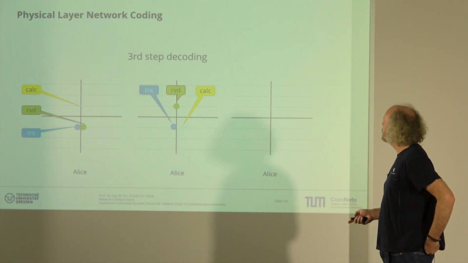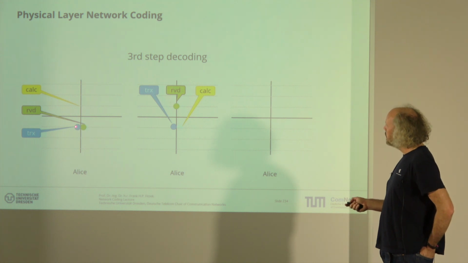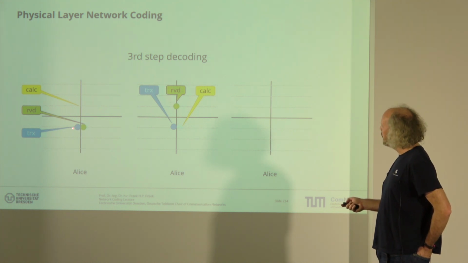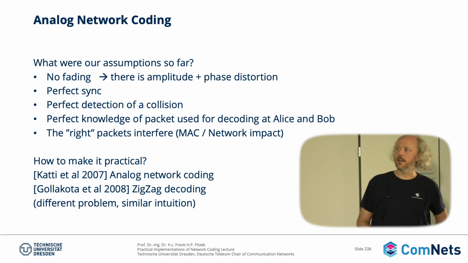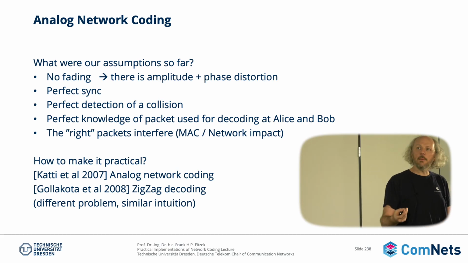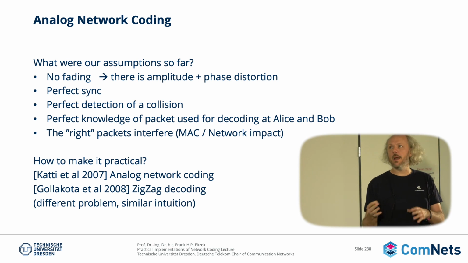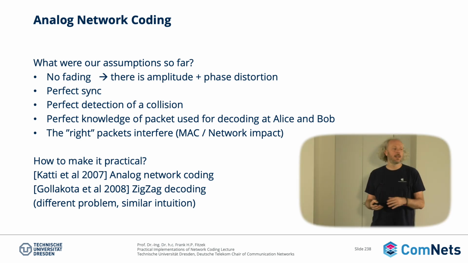And other things are, for example, you transmitted this, you received this, so this is the calculated one. And the other one is you transmitted this, you received that, this one is the calculated one. Okay. So the assumption was there's no fading, there's amplitude and plus phase distortion. But the fading makes it more difficult, right?